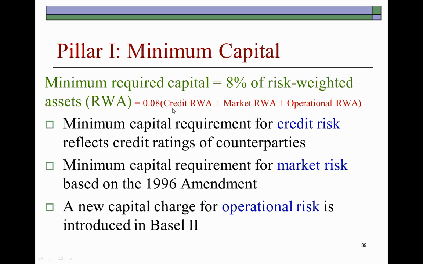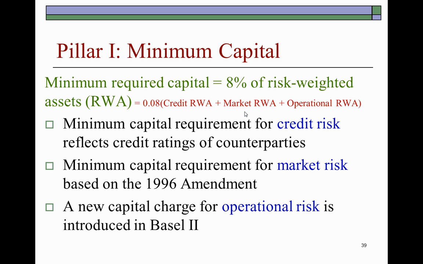So for example, if credit risk-weighted assets of a bank amounts to $100, and the combination of market risk-weighted assets and operational risk-weighted assets amount to also $100, then the total amount of assets that would have to be used to determine how much capital the bank should have would now be 8% of 200. 8% of 200 is 16. So if these are in millions, that will be $16 million would have to be the minimum equity dollars that should be had by the bank as its capital.